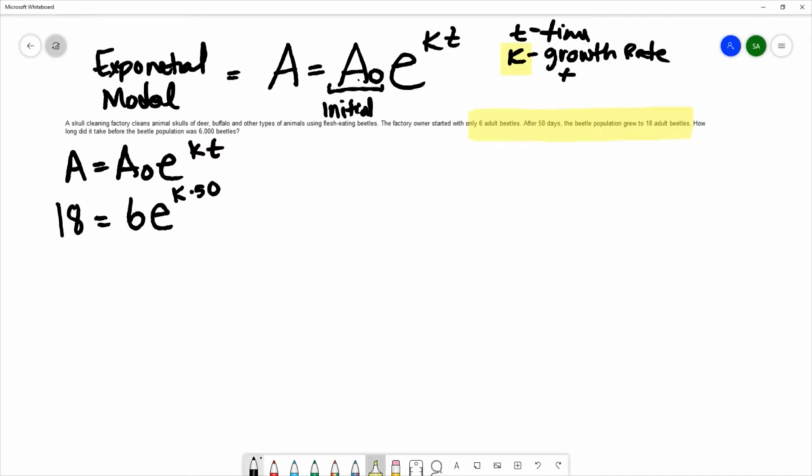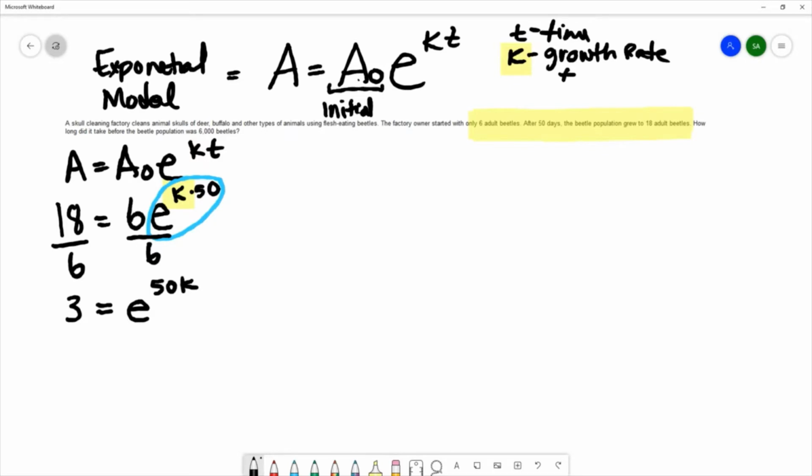We have an exponential equation because our variable is in the exponent, and we're going to solve this equation using the methods of exponential equations. So we start by isolating the exponential part. So this part is the exponential part that has our variable, and we want to isolate it. So we're going to divide by 6 to get 3 equals e to the 50k.